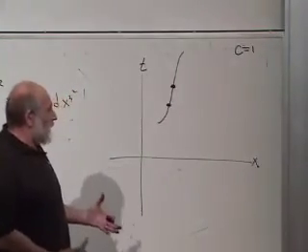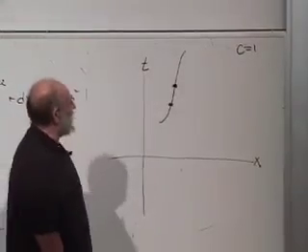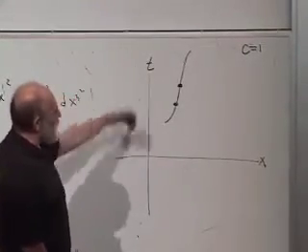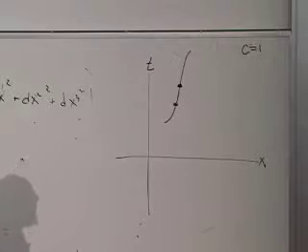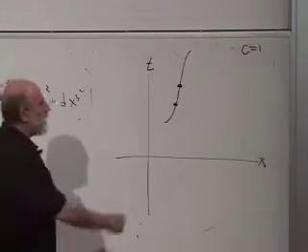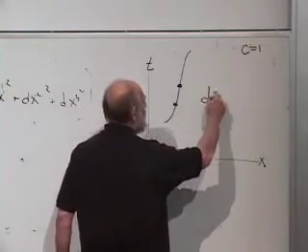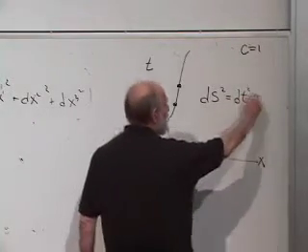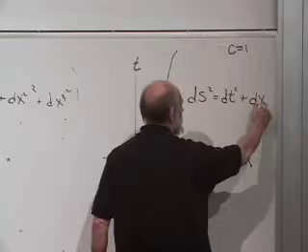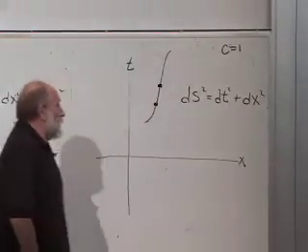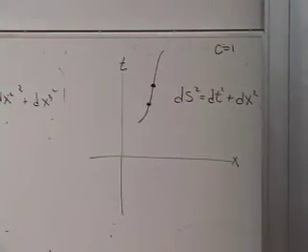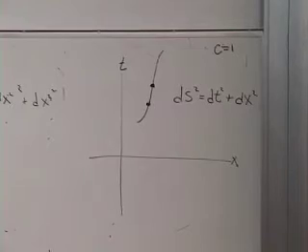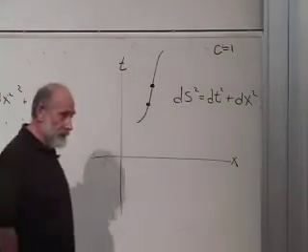But you might expect, if you were naive, that let's say there's only 2 dimensions, one space coordinate and one time coordinate, you might write ds squared is equal to dt squared plus dx squared. And you could write that. That's a possible definition of something. But it's not the right thing for relativity theory.